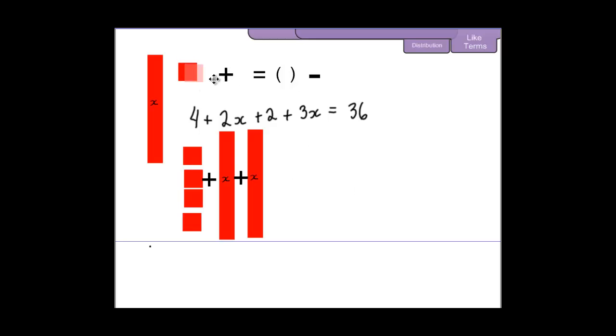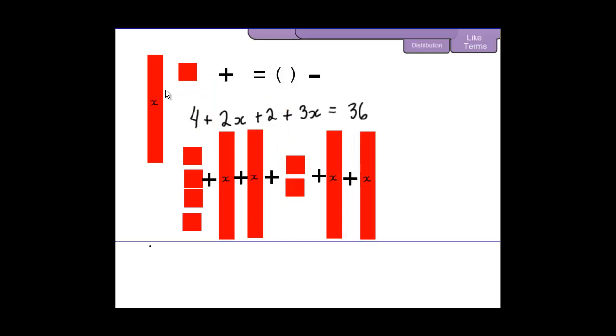Then I have 2 more ones, and then a repeat addition again of x.